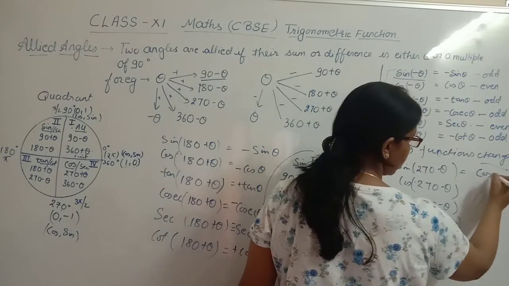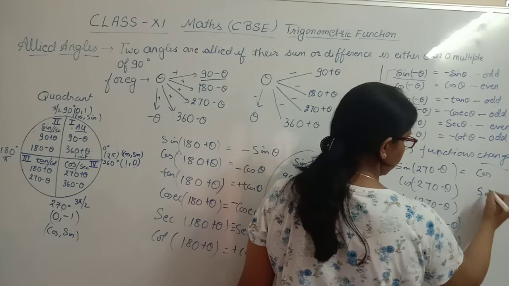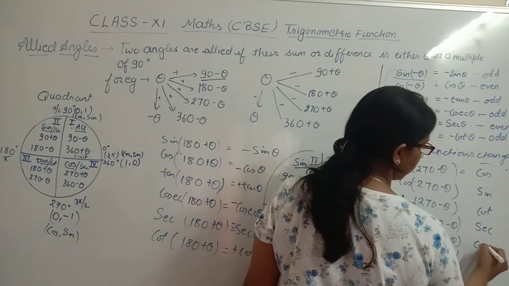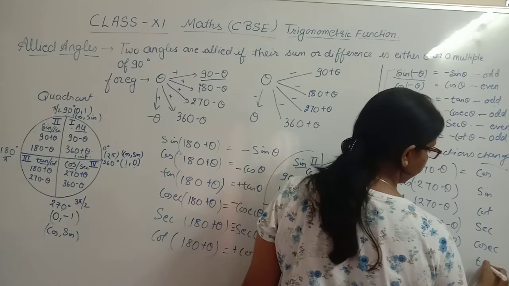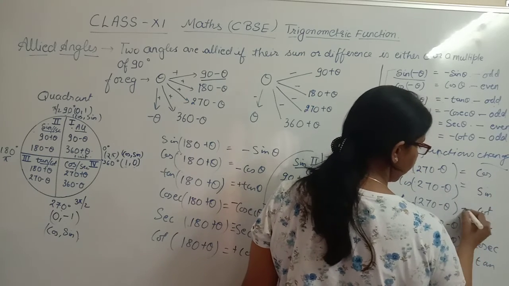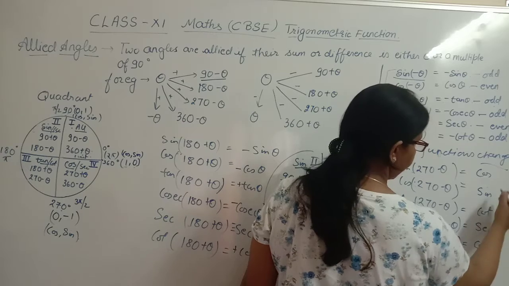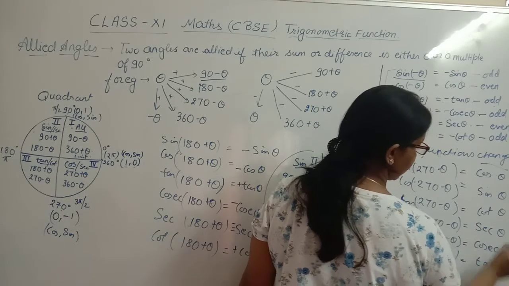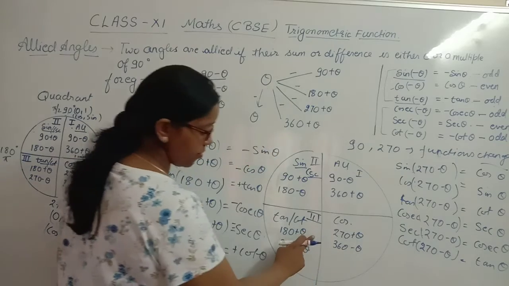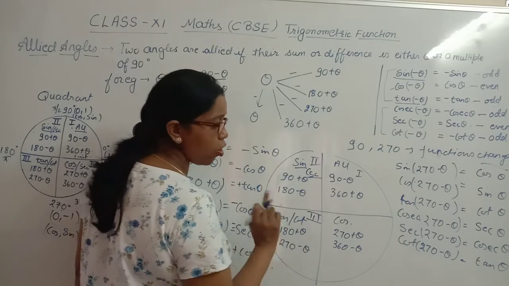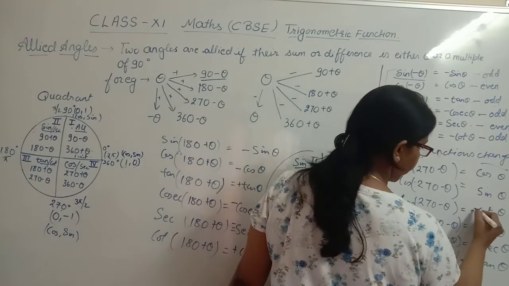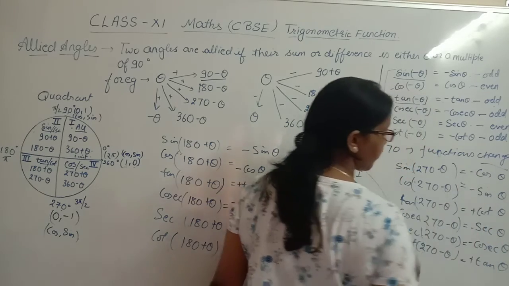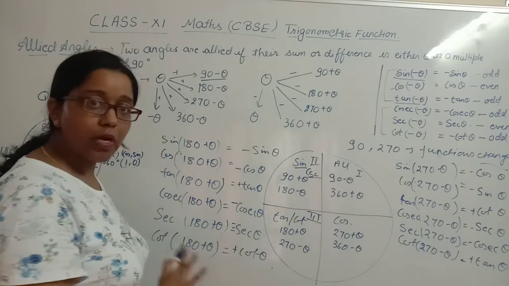Sine will become cos, cos will become sine, tan will become cot, cosec will become sec, sec will become cosec, and cot will become tan. This is what is going to happen. Clear? And here theta for all of them. But in this quadrant for 270 minus theta, tan and cot are only positive. So tan and cot will be positive, rest all will be negative. So this is how it will work.